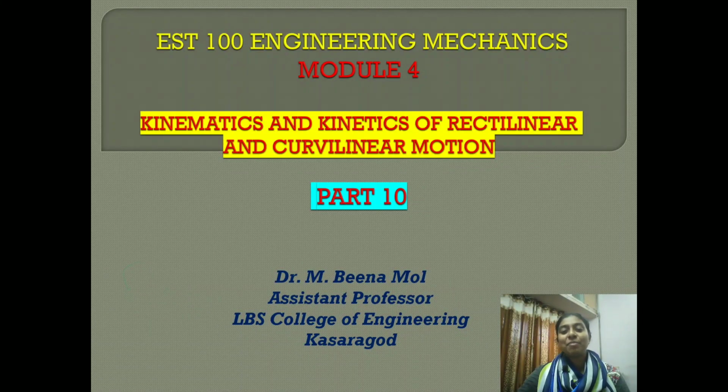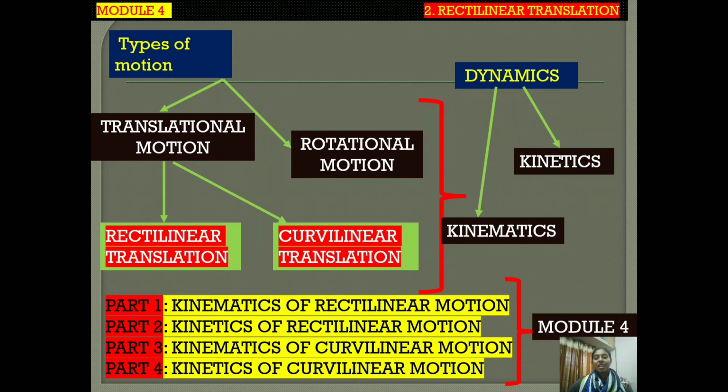Hello, welcome everybody. We are in our fourth module, studying the kinematics and kinetics of rectilinear and curvilinear motion. We have 4 parts in module 4, and we have already completed the first 3 parts: kinematics of rectilinear motion, kinetics of rectilinear motion, and kinematics of curvilinear motion.